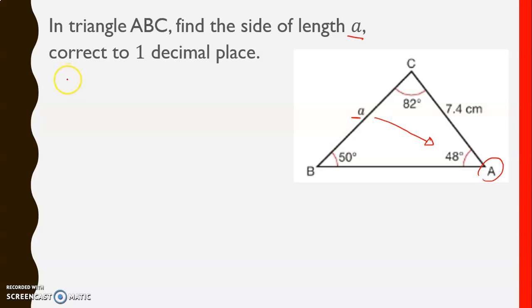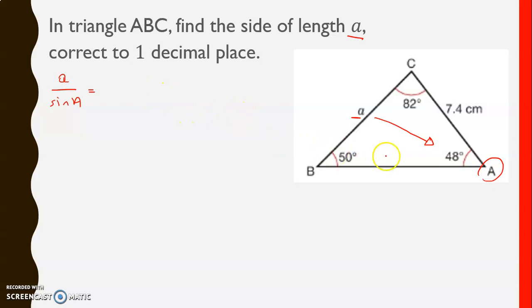Remember that the sine rule states that the ratios between a side and the sine of the opposite angle are equal. So we are going to write first A over sine of A equals, now we don't need to use the three ratios, okay?